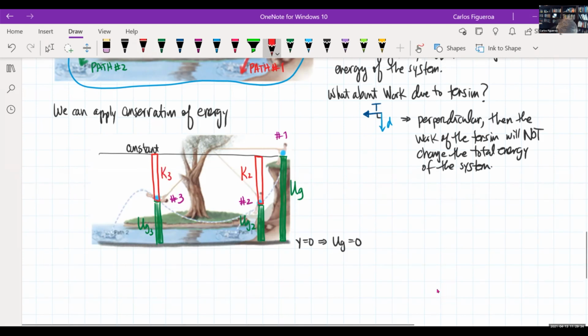Okay, so when I look at this thing, we could see that these guys have different kinetic energies and different potential energies at 1, 2. However, we don't care about that. The only thing we care about is when they reach what? They reach the water.